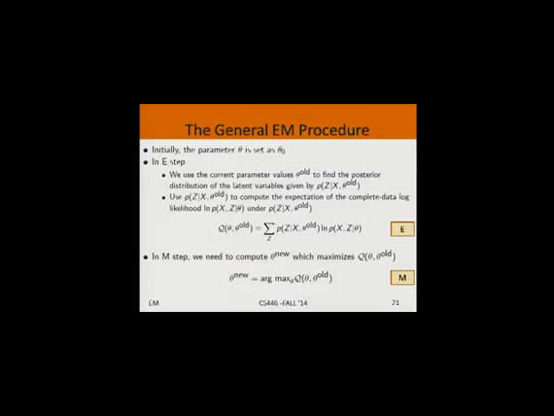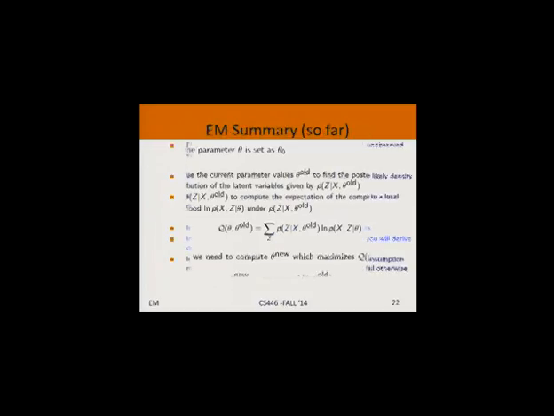Once we have this, we know how to compute the likelihood of the data. We basically computed this function that we sometimes call the Q function. And now we are going to argmax this function in the M step and estimate the parameters. So this is, again, a general statement of the algorithm. As we said at the beginning, it's a family of algorithms. Every time you're going to have a different probability distribution to deal with, and you're going to compute these steps in a different way. So let's now move to another example.